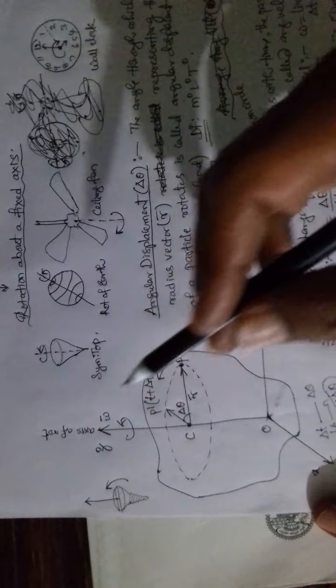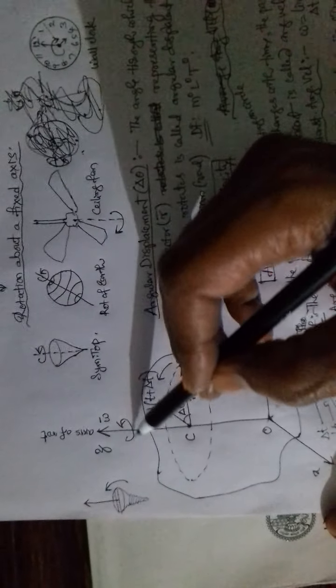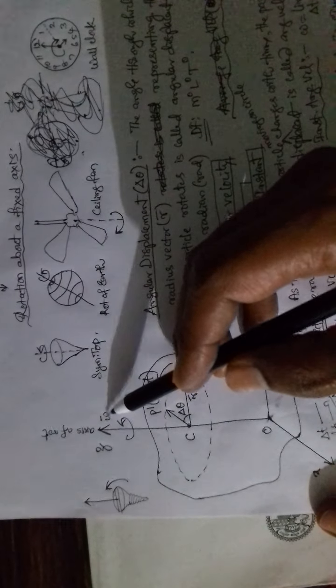Let us see here. This is the right handed screw rule. If you move anti-clockwise, the screw moves up. See here, this body is moving anti-clockwise. Therefore, the angular velocity will be upward. If it is moving clockwise, the angular velocity will be downward. So in this way, we use the right-handed screw rule.